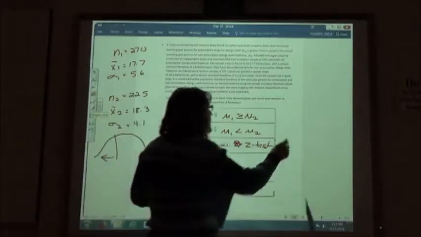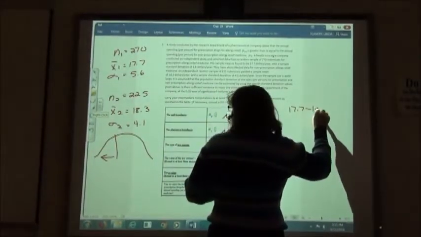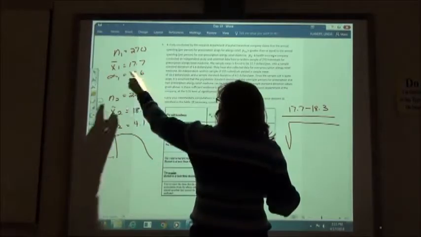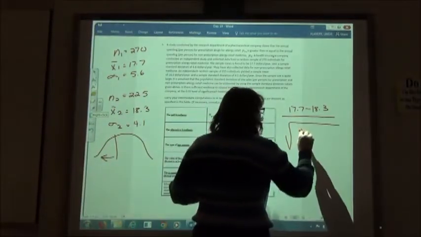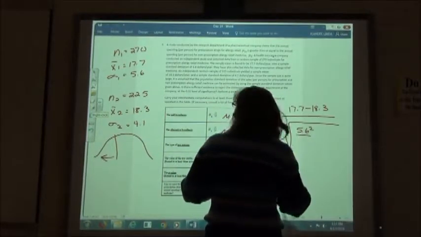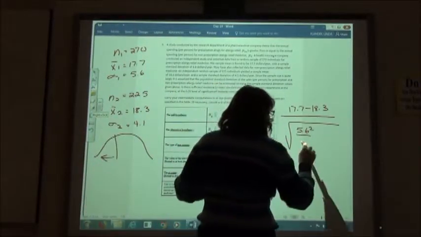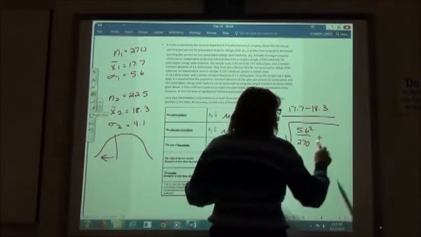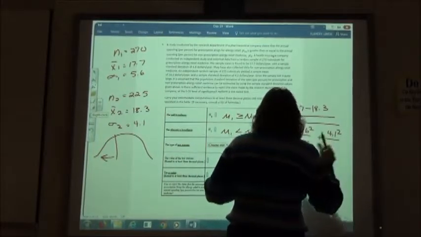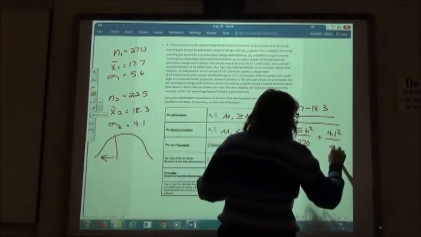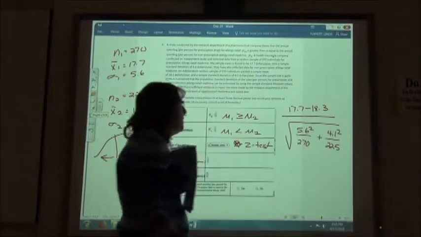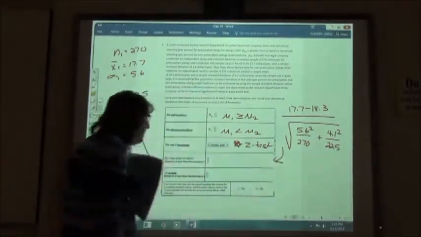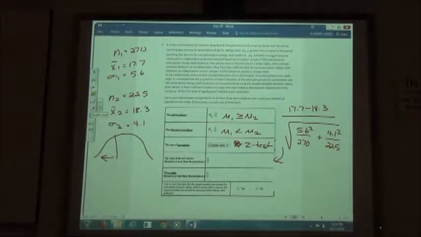So 17.7 minus 18.3 over the square root of the standard deviation from the first one squared, so 5.6 squared over the number from the first one, 270, plus the standard deviation of the second one, 4.1 squared, over the number from the second, 225. That's going to give us the value of our test statistic, rounding to 3 decimal places.